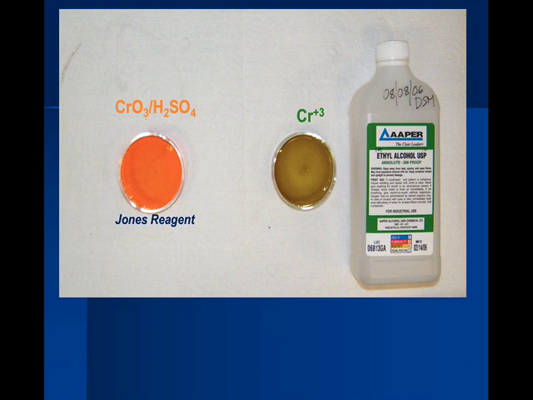As soon as we've consumed all of the ethanol or whatever it is that we're oxidizing, that last drop will stay orange because there's nothing for it to oxidize. Once we get an orange solution, it's like a titration. We know that the reaction is over and we've done all the chemistry we need to do. This is almost instantaneous, so the reaction is done quite quickly.